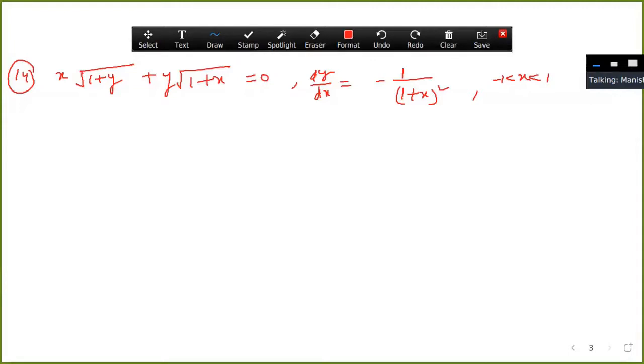First of all, transpose the second part of the statement to the right hand side. Now x under the root (1 plus y) is equal to minus y under the root (1 plus x), like this. Now squaring both sides.